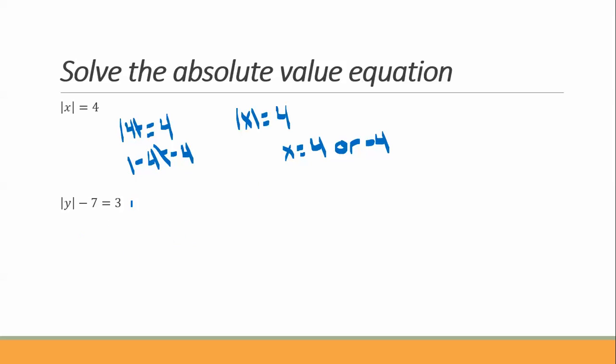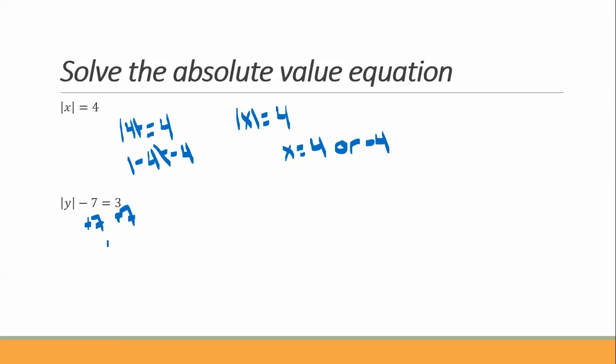Just like solving regular linear equations, we do the same thing. We have the absolute value of y minus 7 is equal to 3. We want the absolute value of y by itself, so we're going to add 7 to both sides. You always want to have your absolute value, or any of your variable chunks, as I like to call them, isolated.